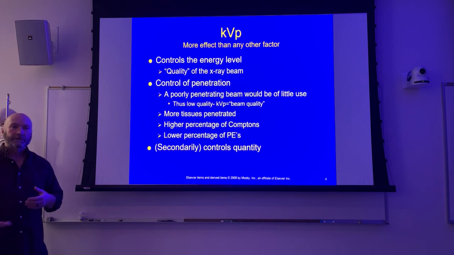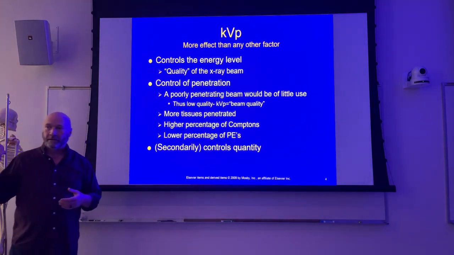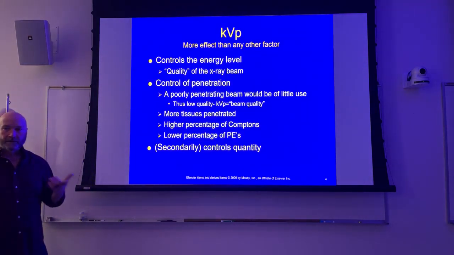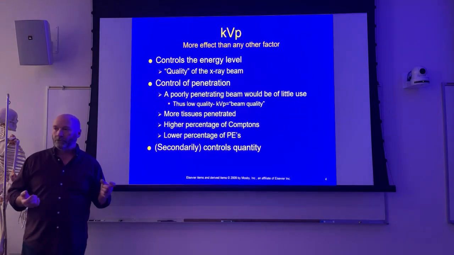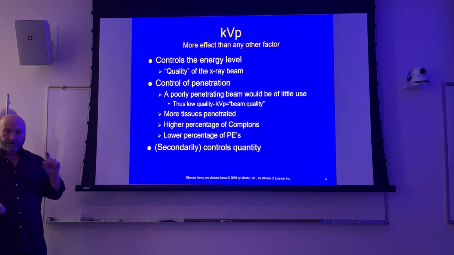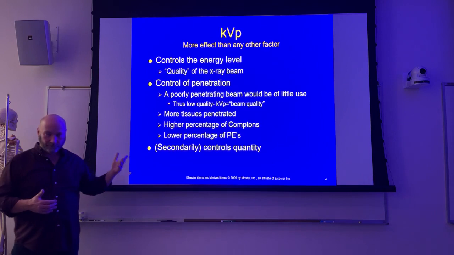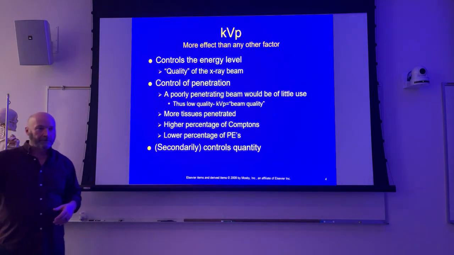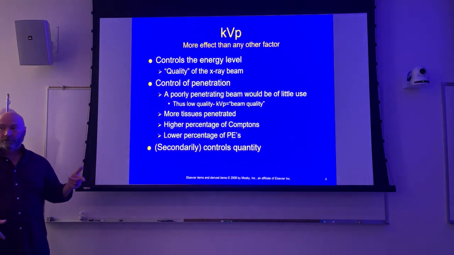So most of the time, when you increase kVp, you increase scatter radiation. Photoelectric interactions go down much quicker than Comptons do. Comptons remain, I don't want to say stable, but relatively stable compared to photoelectrics. As kVp goes up, photoelectrics drop more drastically than Compton interactions.